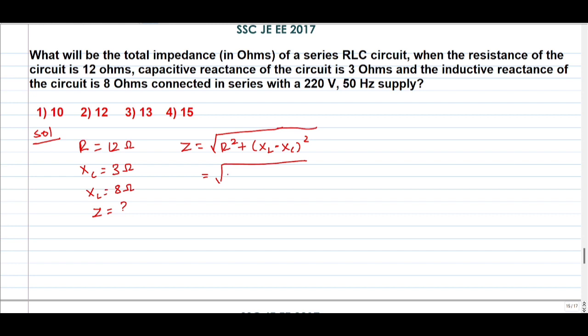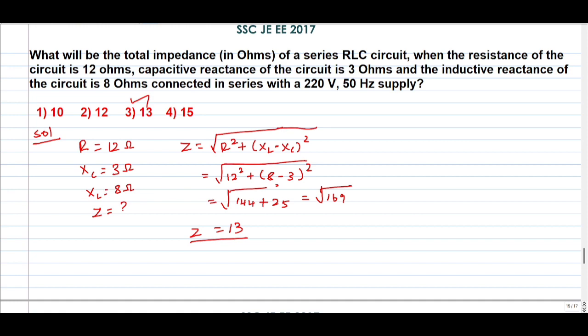So R square plus 8 minus 3 whole square, that is root of 144 plus, 8 minus 3 is 5, 5 square is 25. So if we add this, 169, the root of 169 is 13. Okay, so the value of Z is 13. So the value of impedance is 13. So the answer is option 3, 13. Okay, this is the answer.